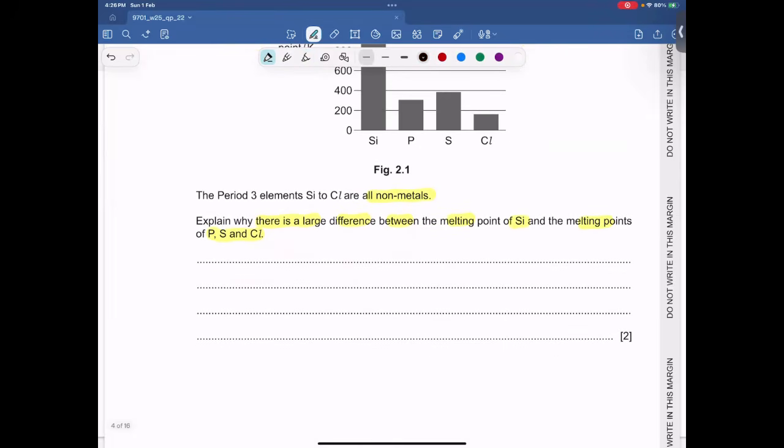By the way, I've told you in the class that whenever the examiner is looking for the melting point or boiling point explanation, we need to give that explanation in terms of structure and bonding.